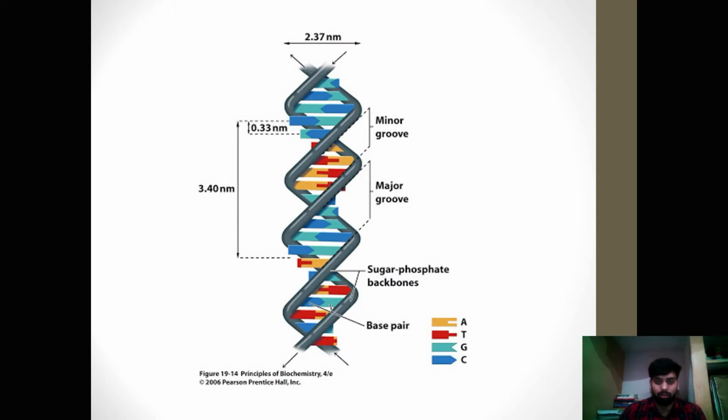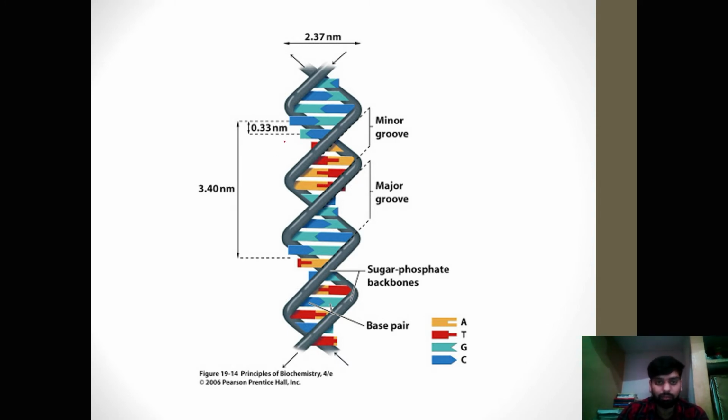Now this is an image which will show the diameter and length of the DNA molecule. So DNA is composed of two grooves, that is minor groove and major groove. This is the sugar phosphate backbone, and in between that we have the base pairing of the nucleotides.